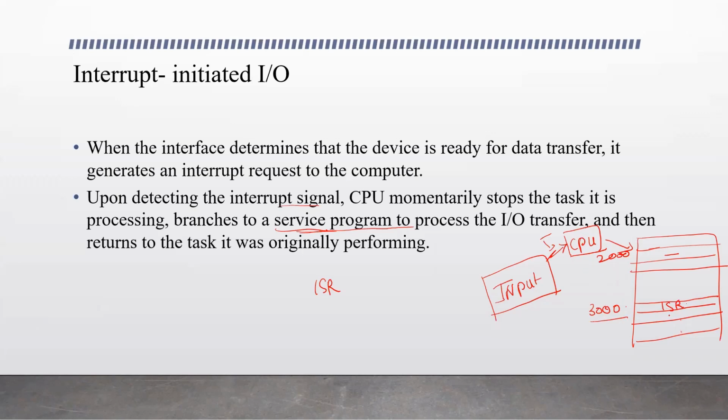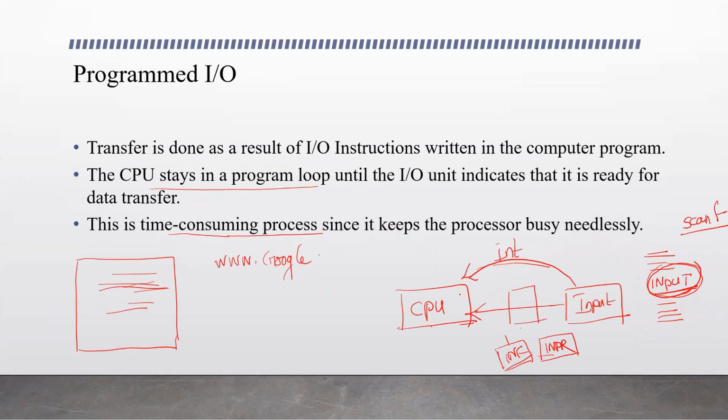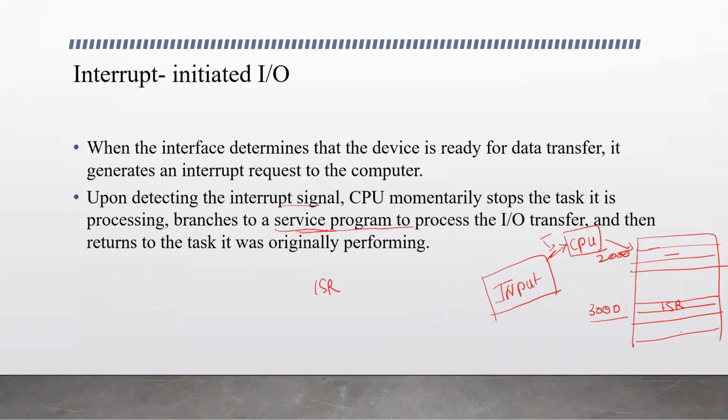Here the input device is giving the interrupt to the CPU. When the flag is set, the CPU is automatically interrupted. Upon receiving the interrupt, the CPU stops its process and jumps to the service routine.